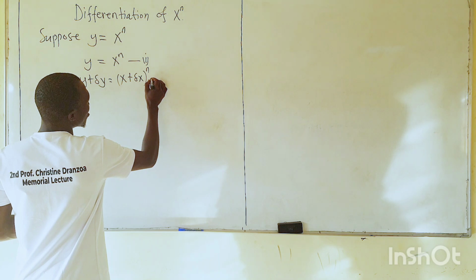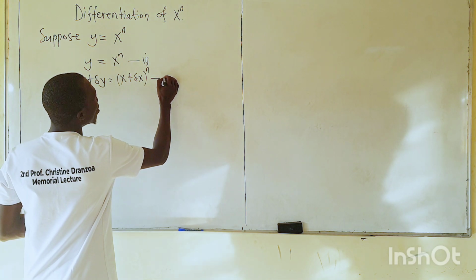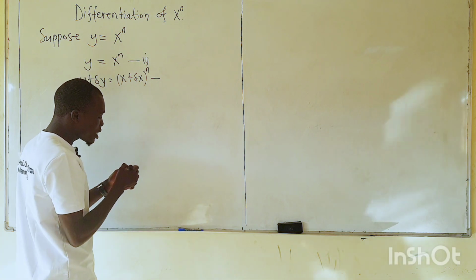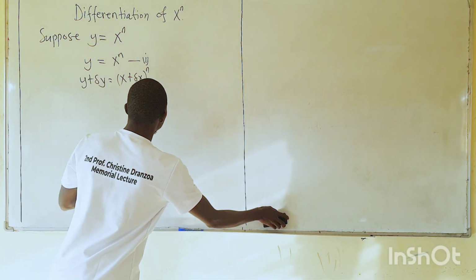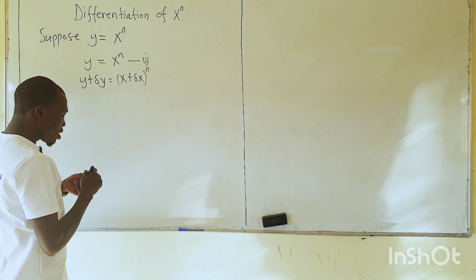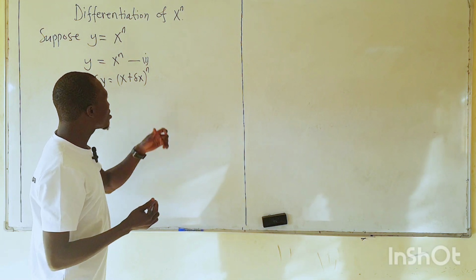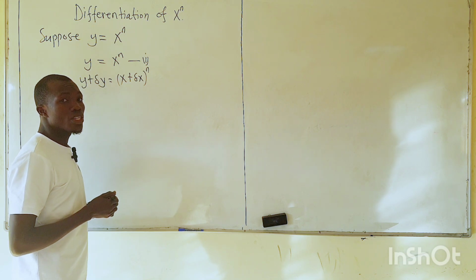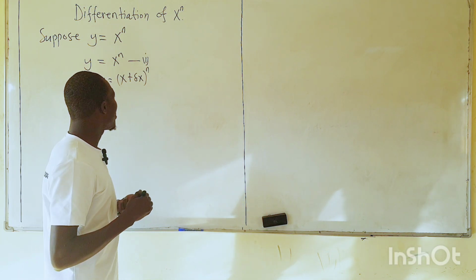So this one becomes our equation. Before we make it our equation 2, let's first expand the right-hand side. Since we have a power n, we shall use expansion by binomial.